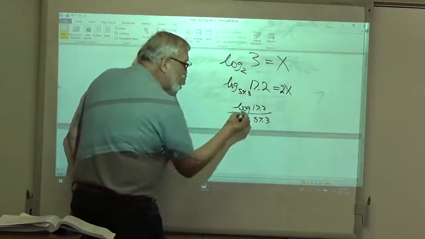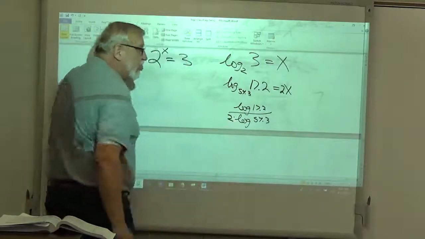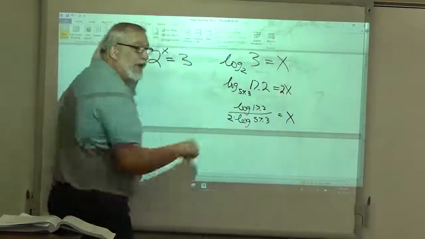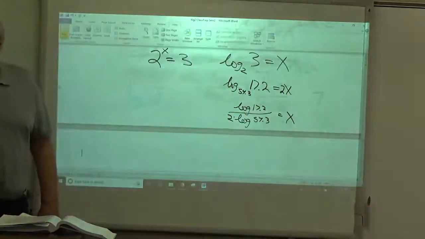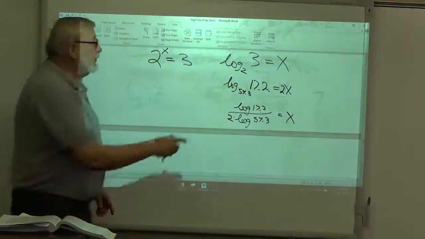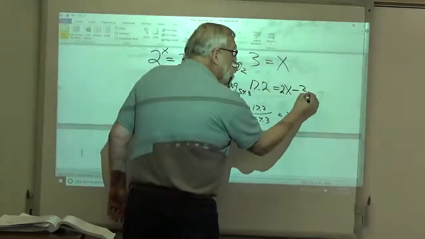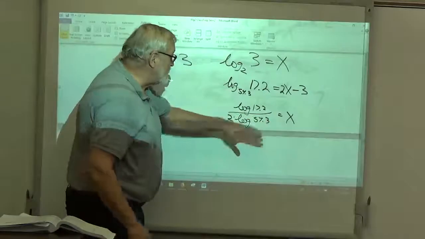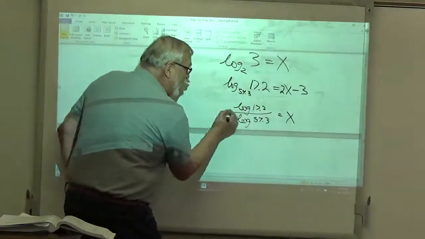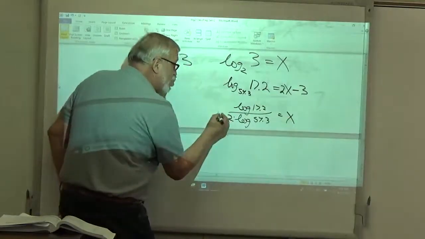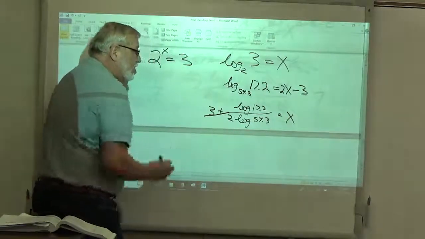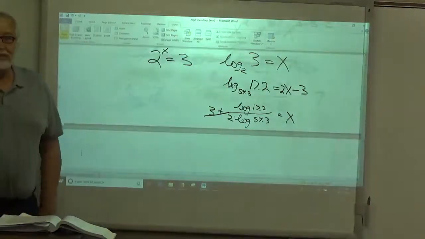That'll give me 2x, and so what I have to do is 2 times that will equal x if that said 2x instead of 1x. Suppose it would have said 2x minus 3. Then I would have done this, and I would have added 3, because that's how I get this to the other side. So it would have been plus 3 divided by 2.